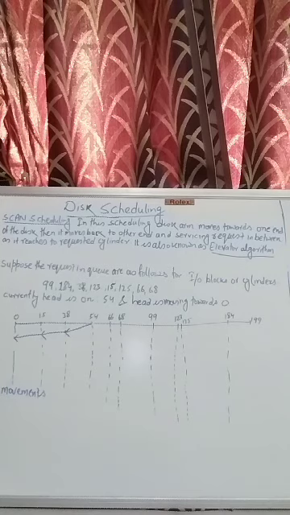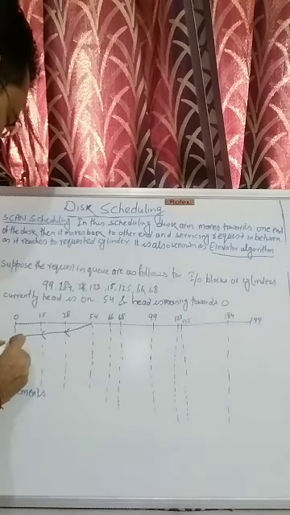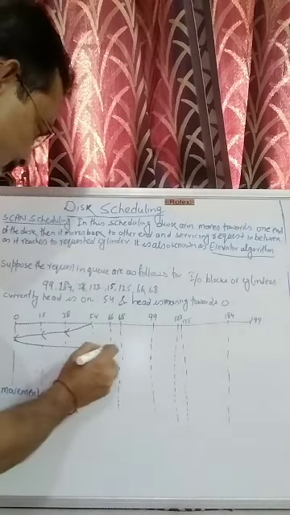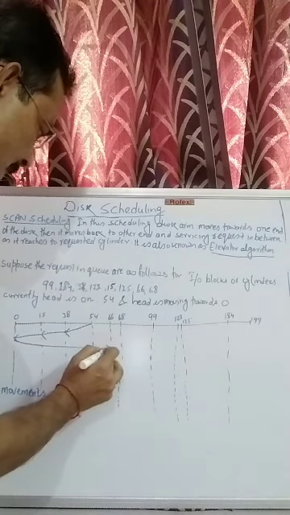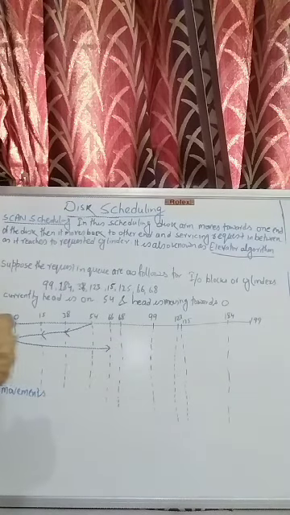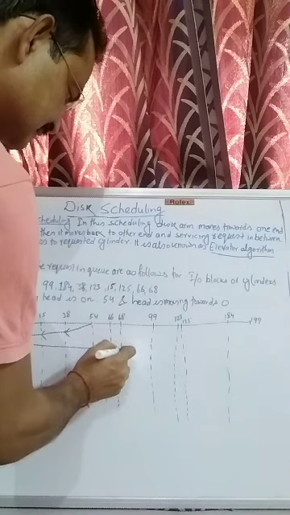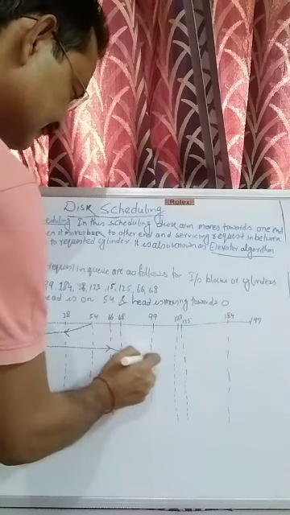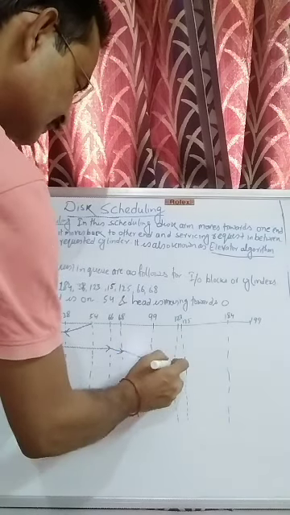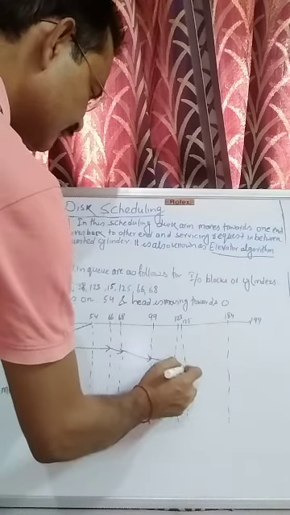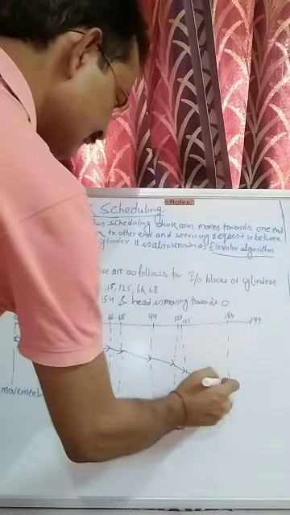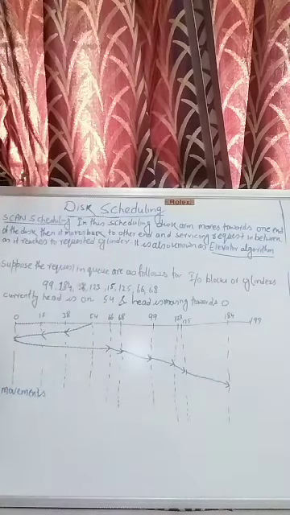So again from 0 it moves in the onwards, forward direction, and processes the requests 66, then 68, then 99, then 123, then 125, and finally 184.